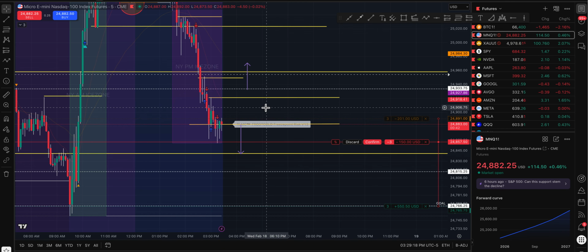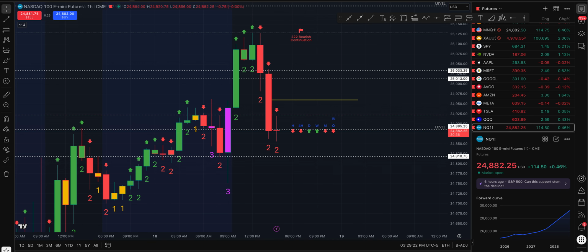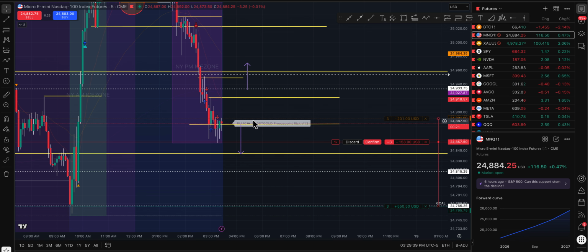Looks like it's reversing though. Looks like it does not want any parts of being lower, but you guys see this is still under my level here. And it's at 144. I said 200. I have it here, my stop loss, but we'll see.